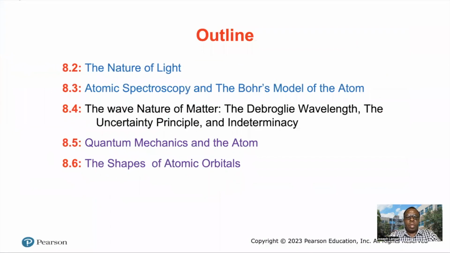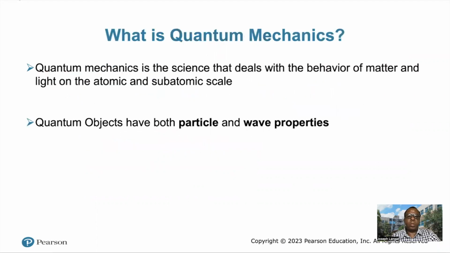Part A has the introduction, 8.1, 8.2, the nature of light, atomic spectroscopy and models of an atom. In part B, we look at sections 8.4, 8.5, and 8.6. Please have a pen and a paper. There will be worked examples I'll go through as usual.